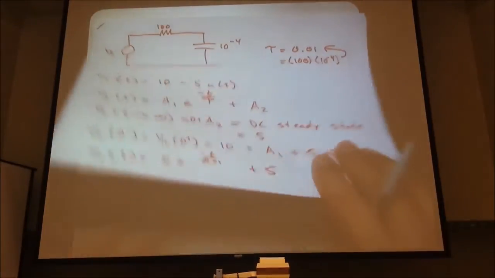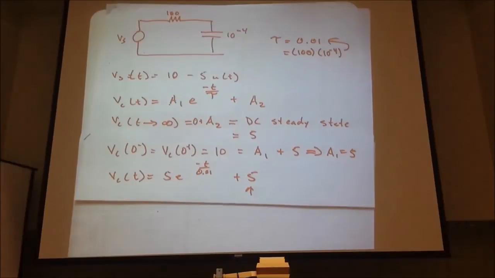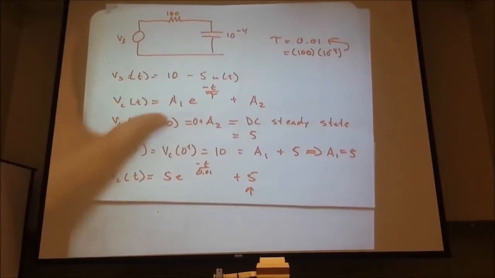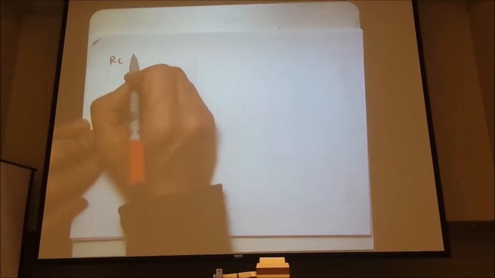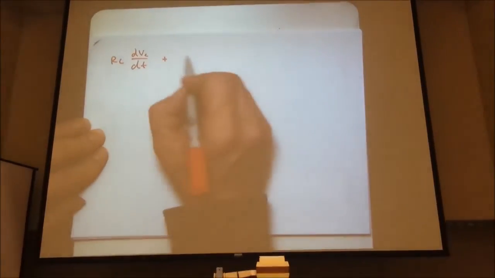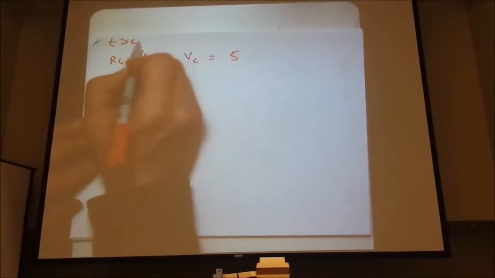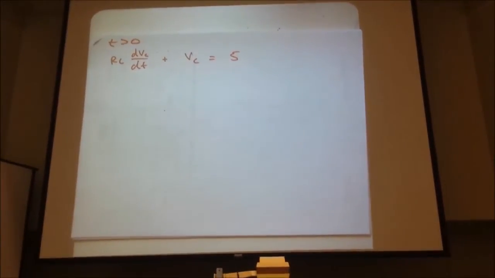Now, how we started this discussion, we can get this term directly from the differential equation. We raced through that at the end, but just to remind ourselves, our differential equation looks something like RC dVC by dt plus VC equals 5 for t greater than 0.